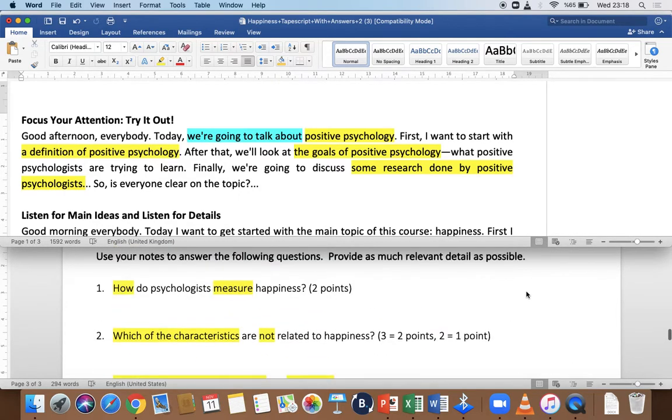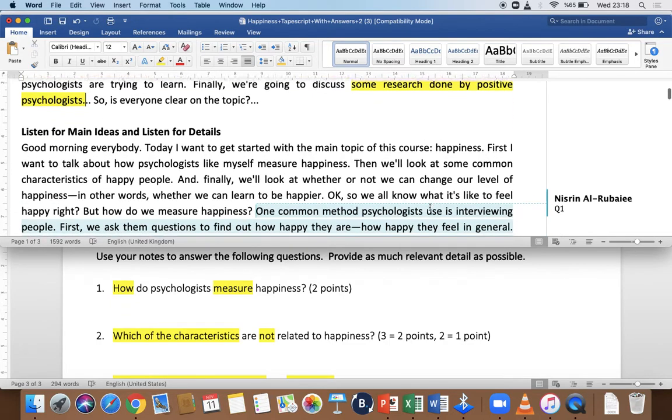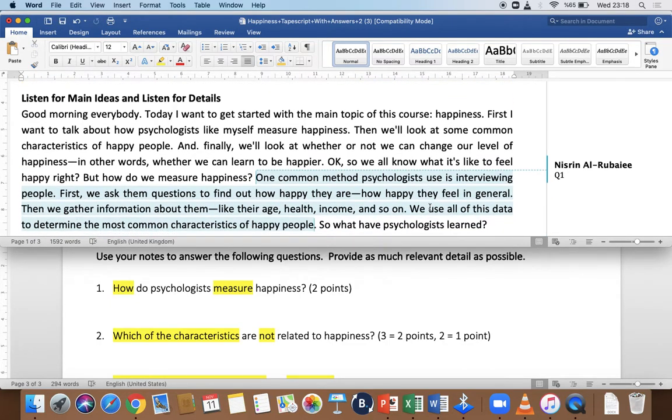So first question, how do psychologists measure happiness? Which way or ways do they use? So one common method psychologists use is interviewing. Okay, this is the word here. You should write interviewing.